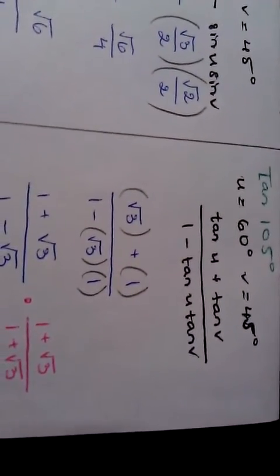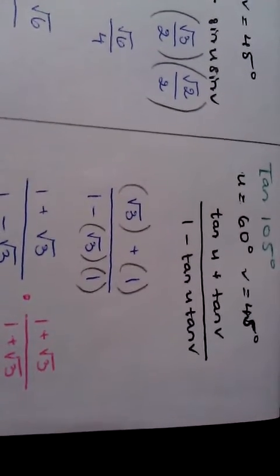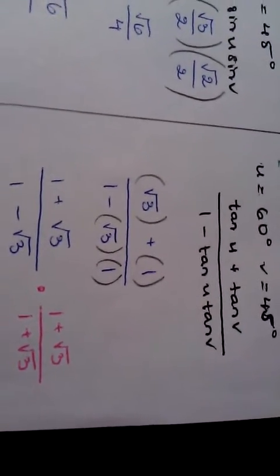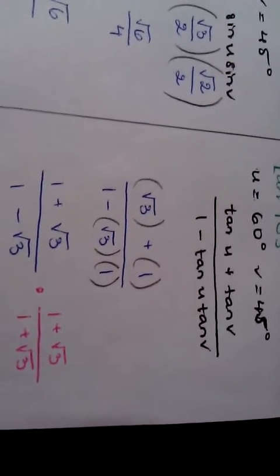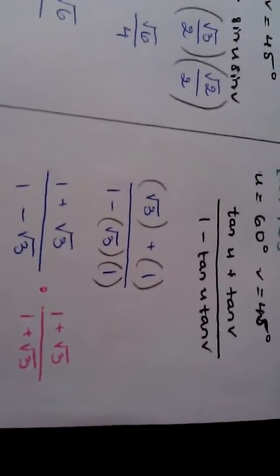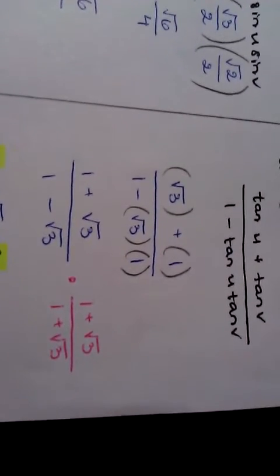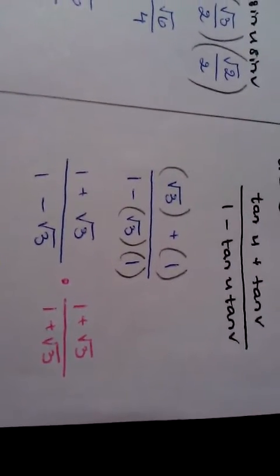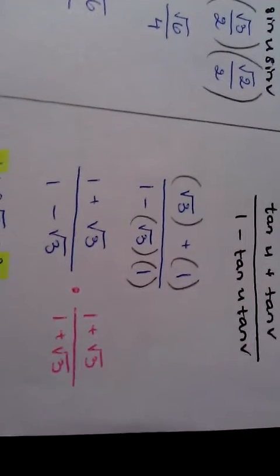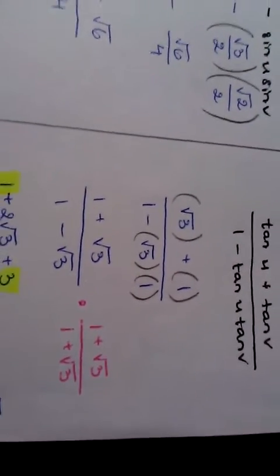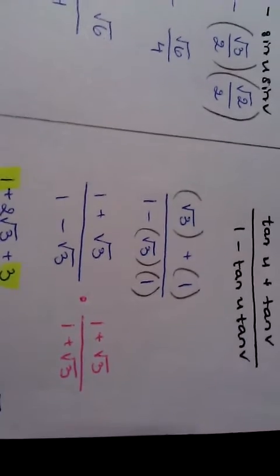Next, we do tangent 105 degrees. Using the formula tangent of U plus tangent of V over 1 minus tangent U times tangent V. Tangent U is radical 3, tangent V is 1, and when we add them together, we get 1 plus radical 3.